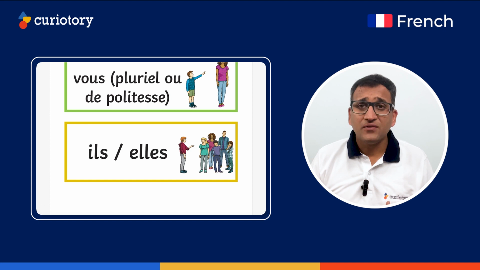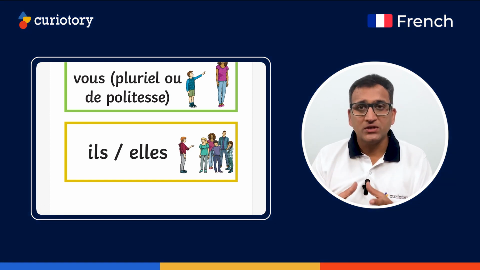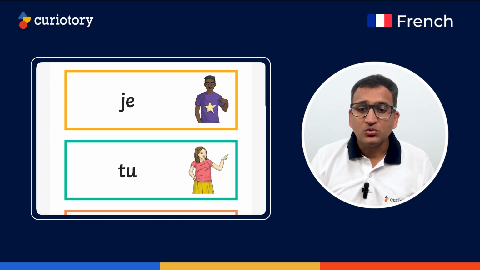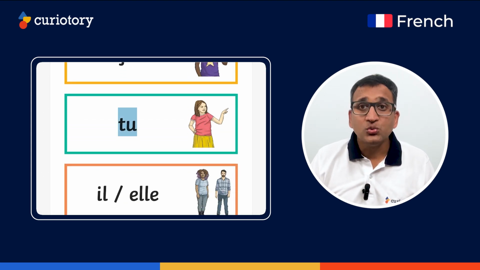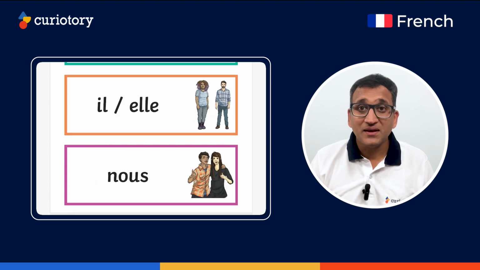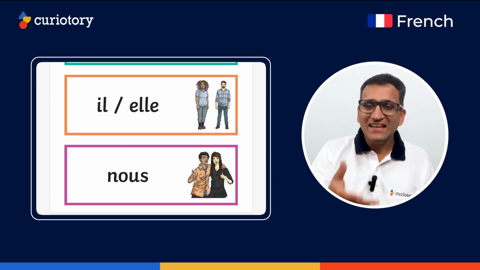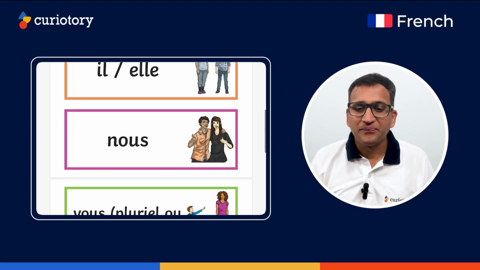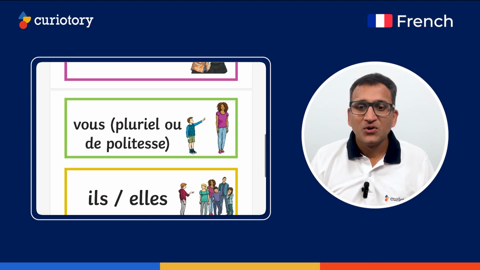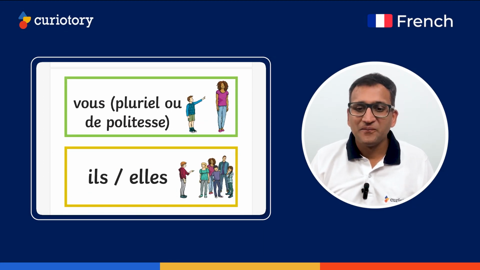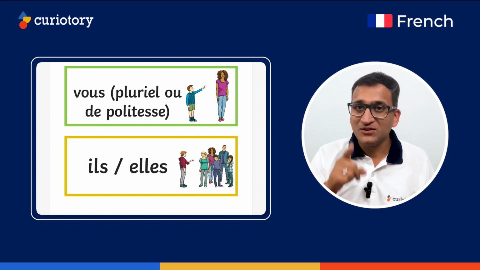Let's revise this part of sujet personnel, or we call it subject pronouns. So let's start from the beginning. Je, tu. Yes, you speak. It's your turn. Okay, il, elle, nous, vous. So what is the difference between tu and vous?